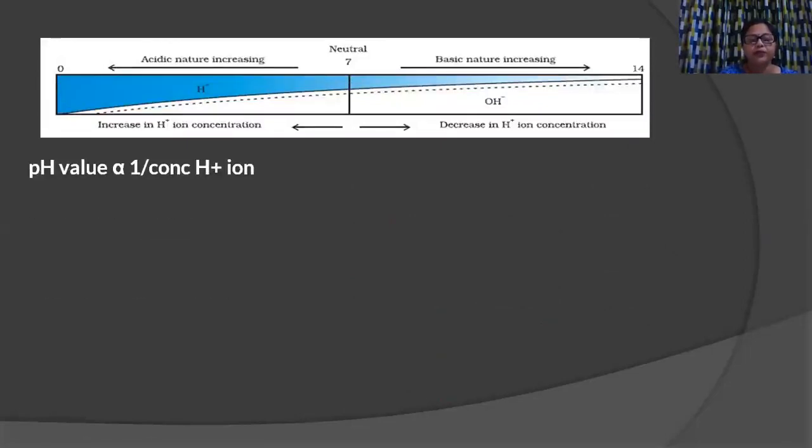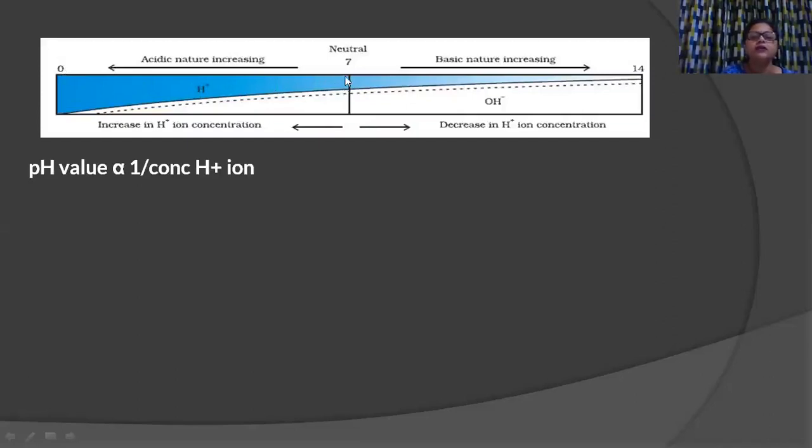pH value is inversely proportional to the concentration of hydrogen ion. Now here in this diagram, you can see that neutral is at the value of 7. So from 7, if we are moving towards 0, you can see the concentration of hydrogen ion is continuously increasing.